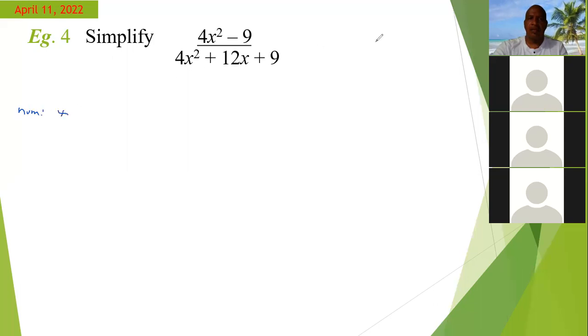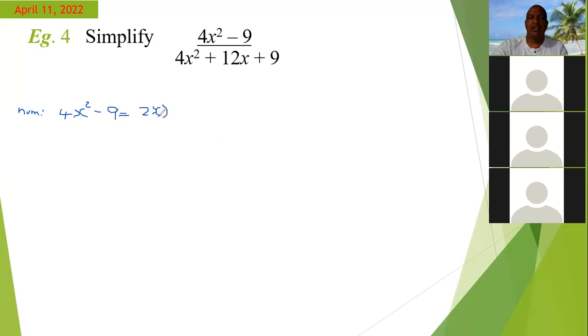So it will be 2x squared minus 3 squared. All right, so we have 4x squared minus 9. And when we write that in its square form, 2x squared minus 3 squared, sir.